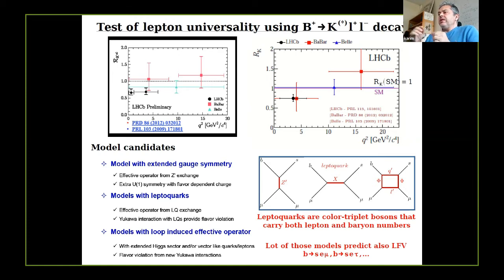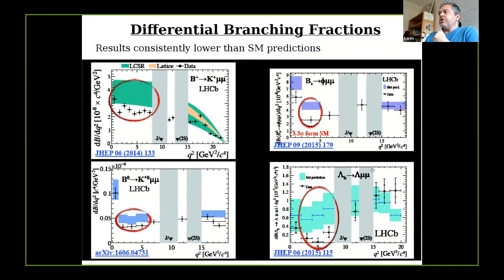So you see the ratio RK, with the muon deviating, and maybe I show it here in this plot. It seems that compared to the standard model, you have in fact a deficit of muon compared to electron.